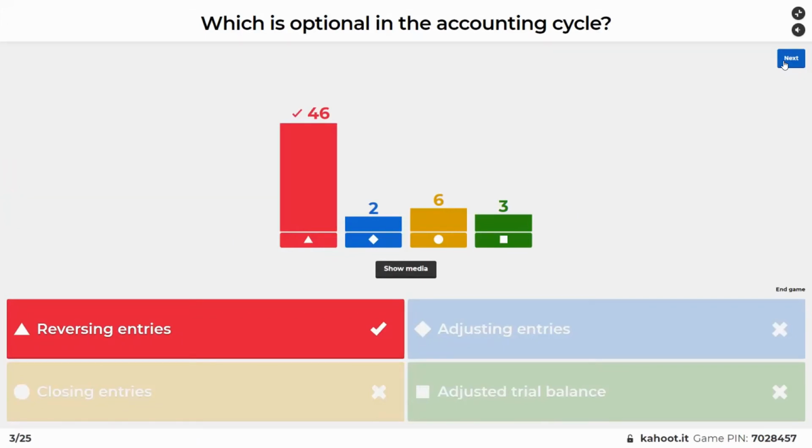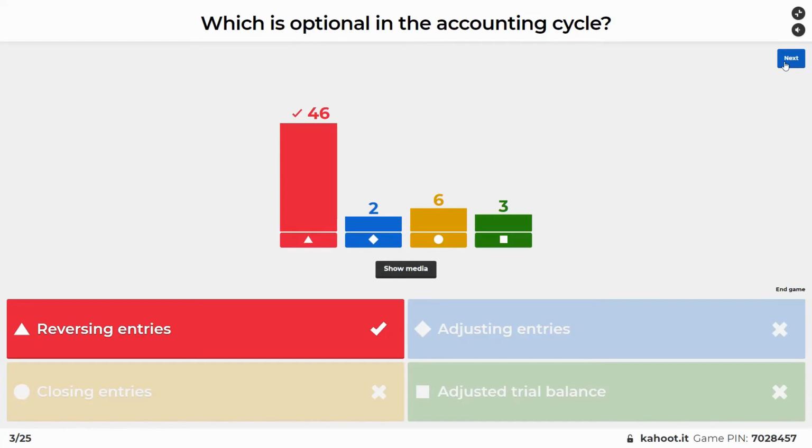Meron pa rin nakamali, no? So I suggest for those who answered incorrectly, baka kailangan nyo balikan yung lessons nyo on basic accounting, no? Or simply refer back to the PowerPoint slides that I presented earlier, no? I'll also be sharing the recording of this discussion so that you can review it, no?